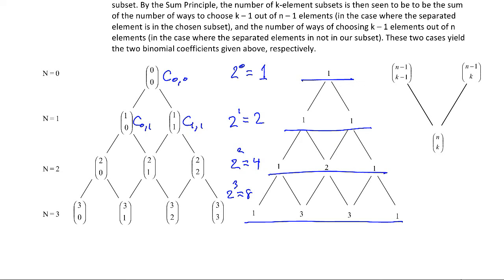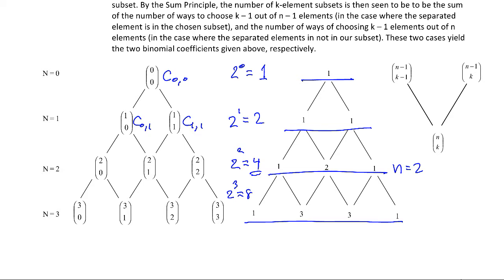And so in other words, in row n of Pascal's triangle, the sum of the numbers in the row is equal to the number of subsets of an n-element set. So for example, in the n equals 2 row here, we have 4 different possible subsets of a 2-element set.